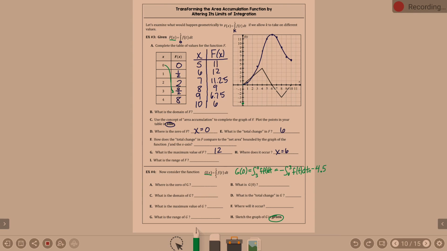When I put the x value of what in for x, does this integral equal 0? 3. Do you remember that? Because what happens when it's 3 to 3? When you're going from the interval 3 to 3, does any area occur? No. So it's automatically 0. So your 0, when we put in x equals 3, is going to be at 0.